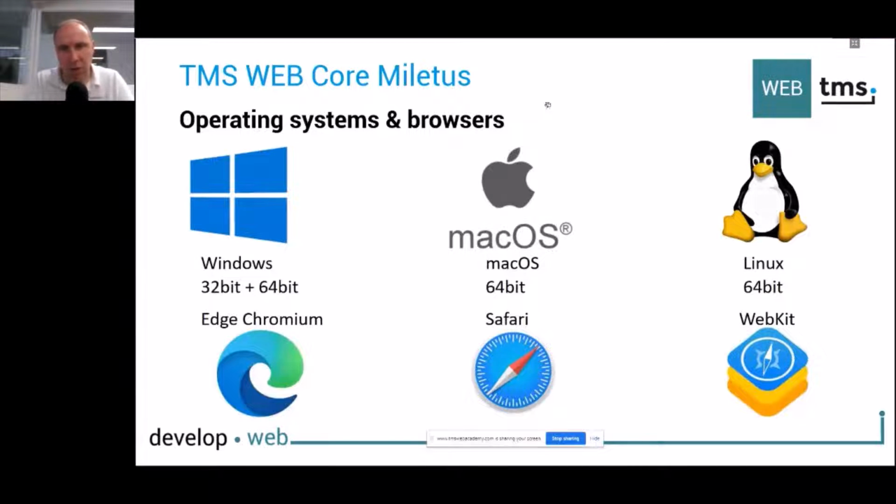Now we are also introducing that you can create macOS desktop applications or Linux desktop applications directly from a Miletus application. And so the question here is, what is behind that? Well, on Windows, it can generate a 32-bit or a 64-bit application. Internally in that application, there is a hosted Edge Chromium, which is now the standard browser on Windows 10.